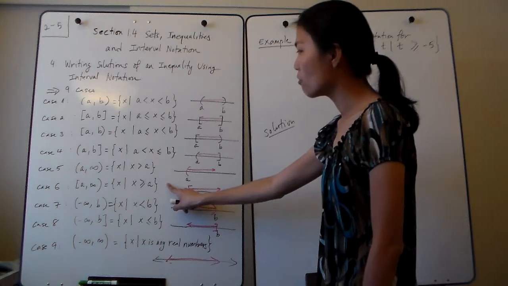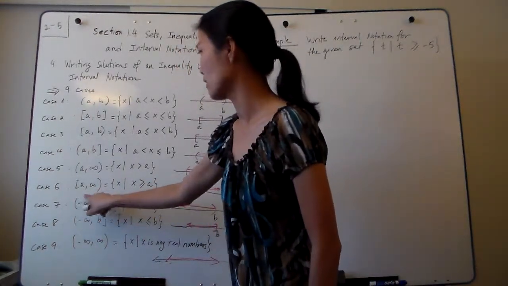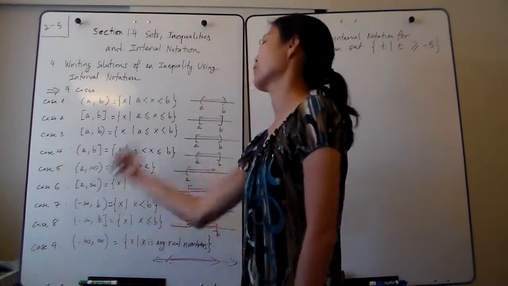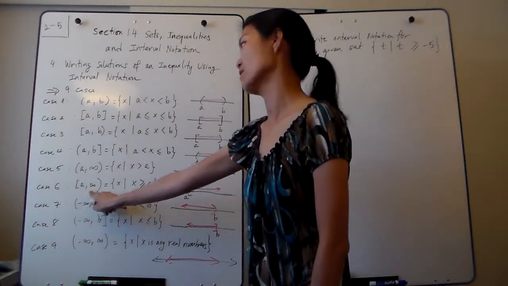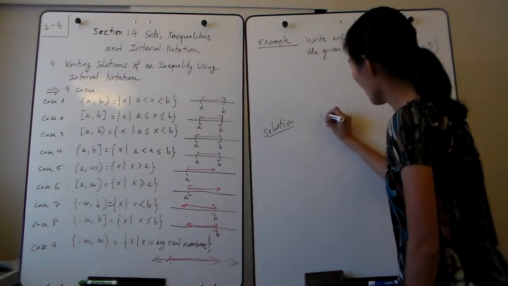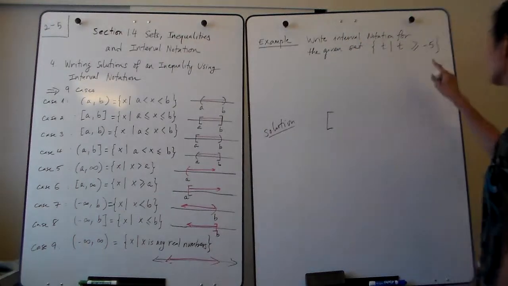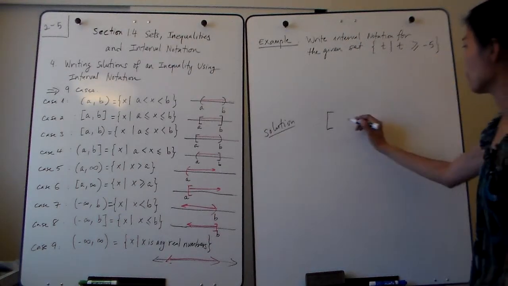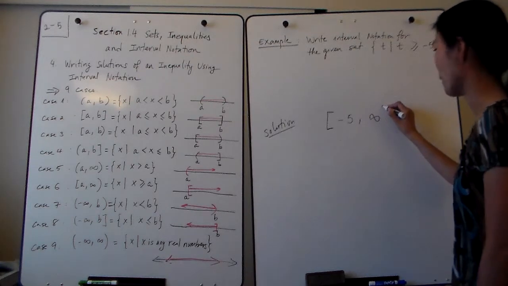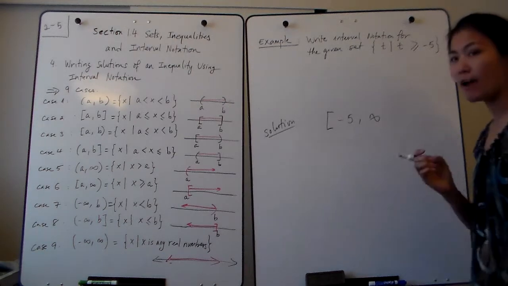So the interval notation is going to be like this, including the left endpoint and extending without bound to the right. That's why it's infinity right here. Case 6, which is -5, we're including it, and it extends without bound. Now, for infinity, because it's not a finite value, right?